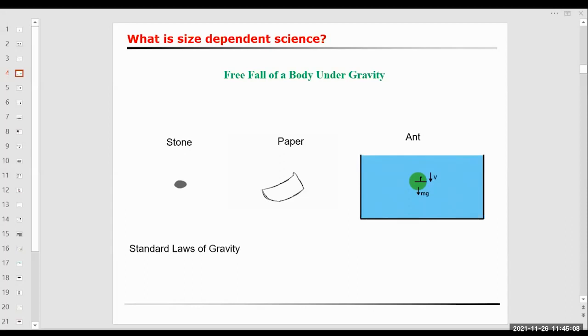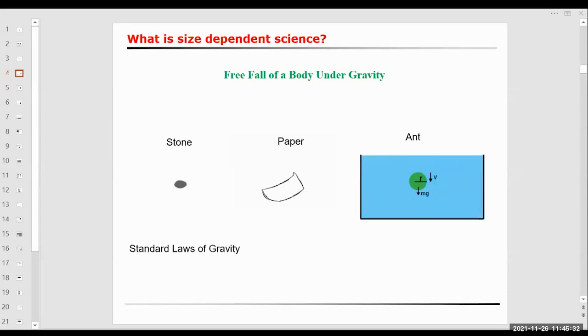In the case of the ant too, the standard laws, either the laws used to explain the fall of stone or the fall of a paper, are not applicable. Buoyancy won't be applicable here. In this case, when the ant, the third object, is falling, the viscosity of the medium plays an important role.